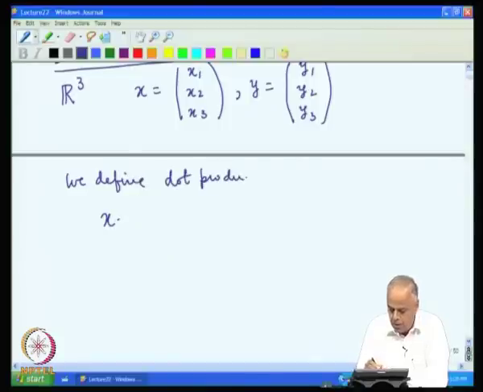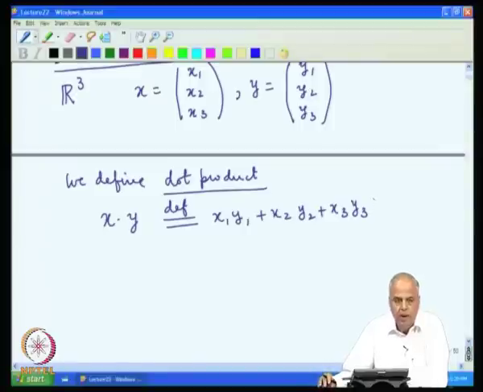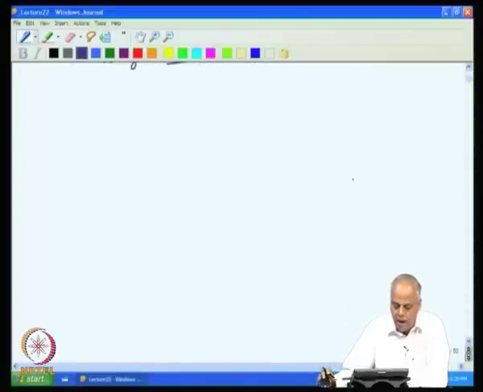This is in the vector calculus, vector algebra parlance known as the dot product x dot y. It is defined to be x1y1 plus x2y2 plus x3y3. We now generalize this idea.